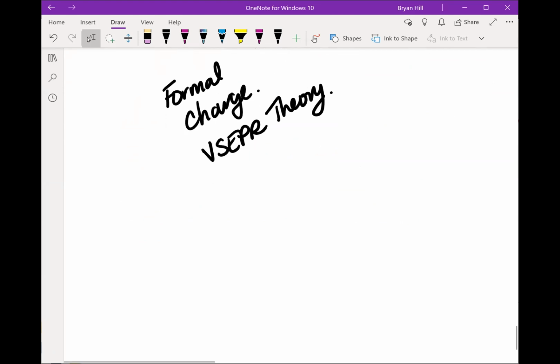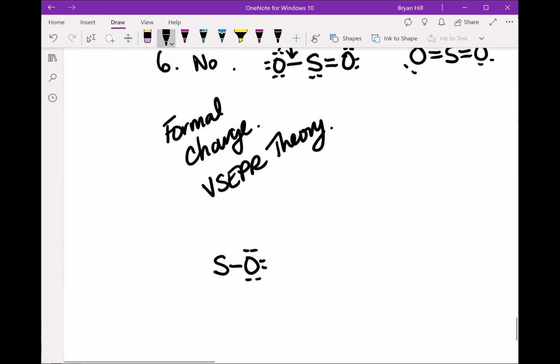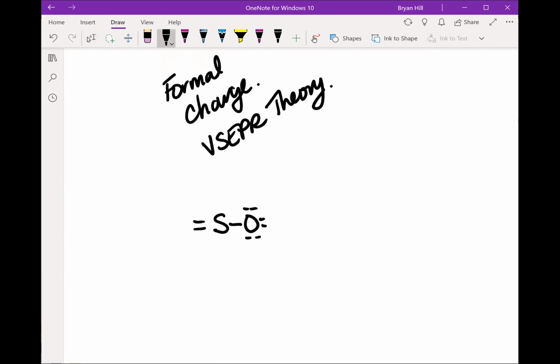So we were comparing these two structures to determine which one is a better Lewis structure.